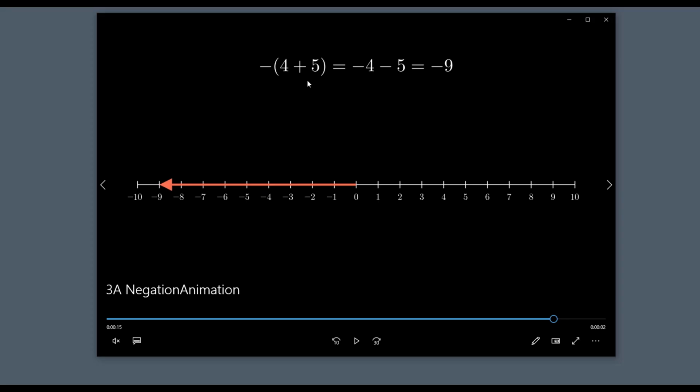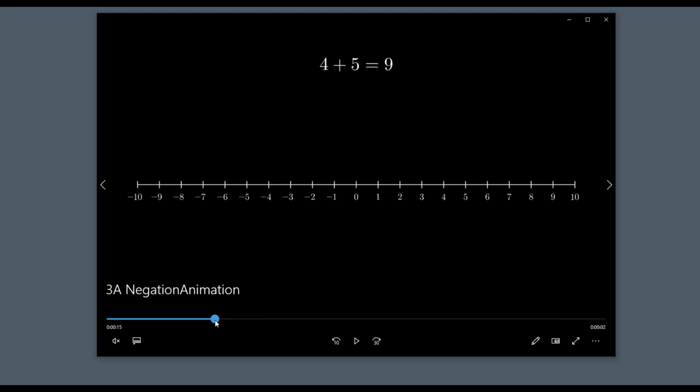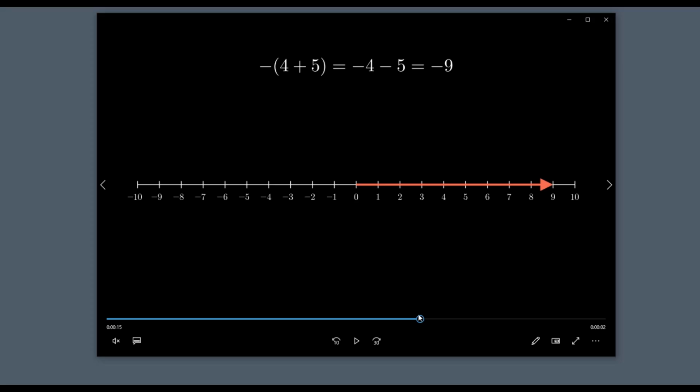You have to take the negative of whatever the value is, or the terms or the numbers inside the brackets. It is as simple as that. So minus of 4 plus 5, which was this initially, with us adding a negative sign outside, becomes minus 4 minus 5, that is minus 9.